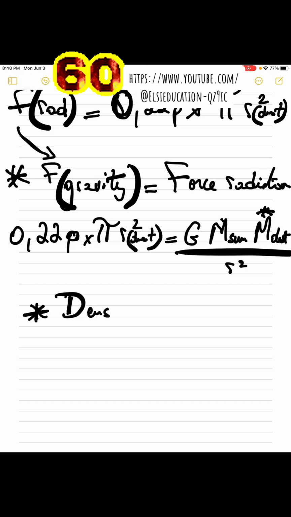So the density is equal to 2,000 kilograms per meter cubed.